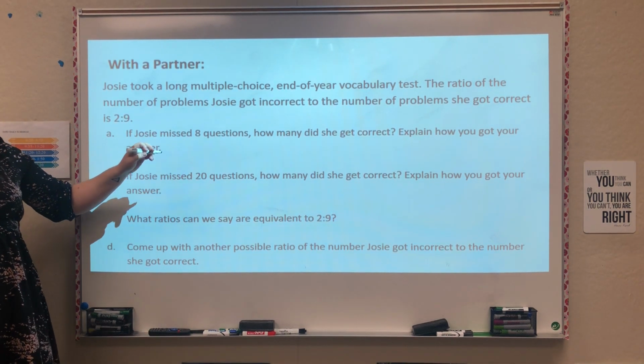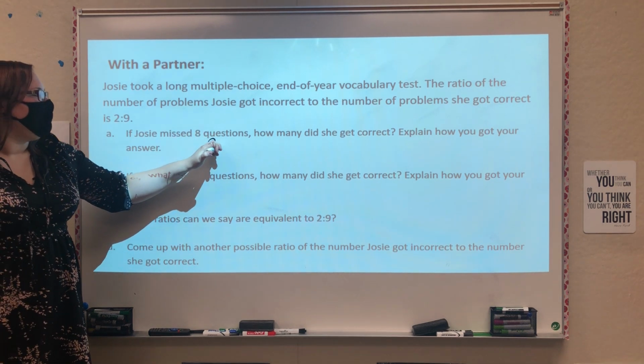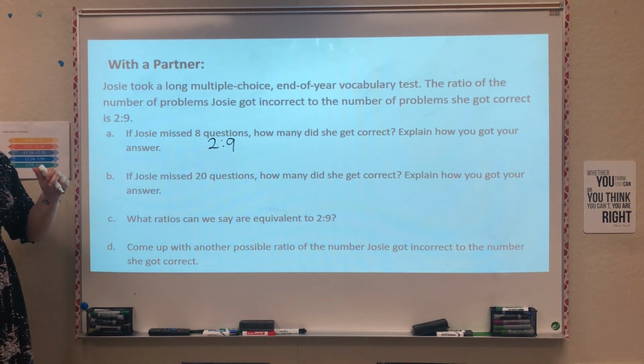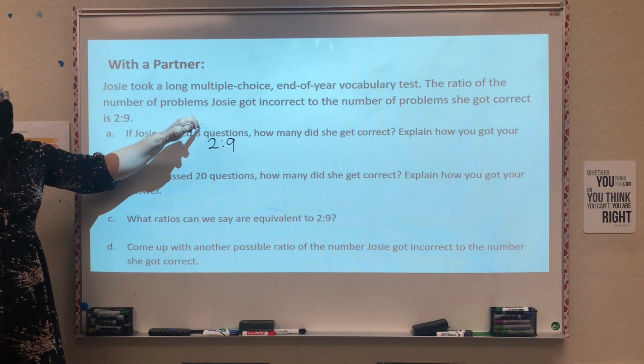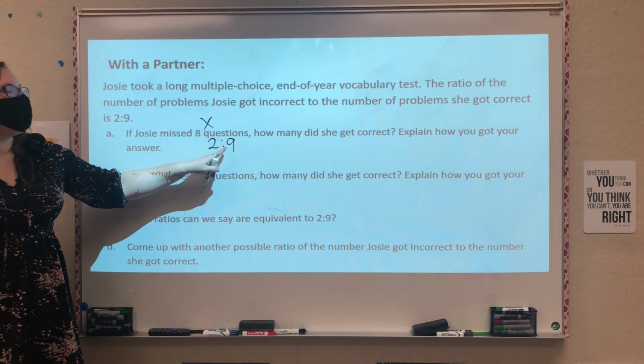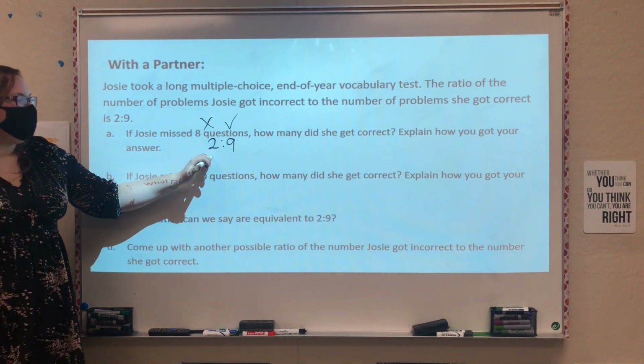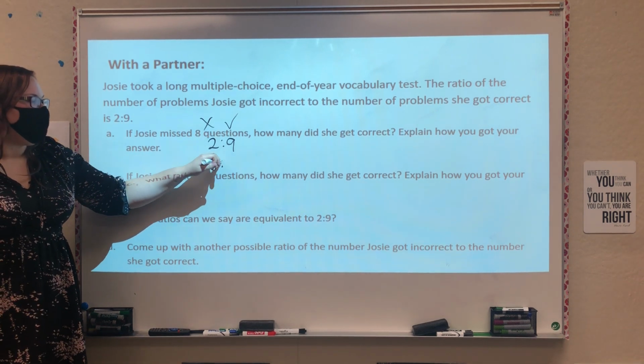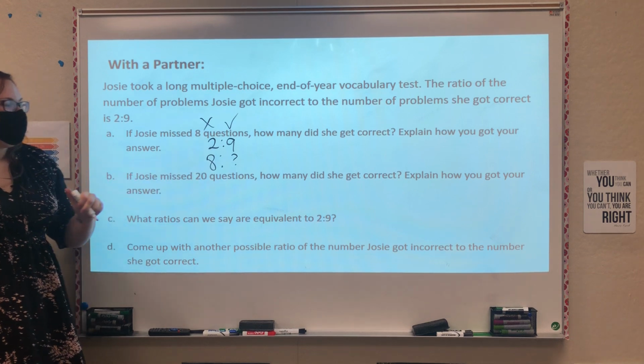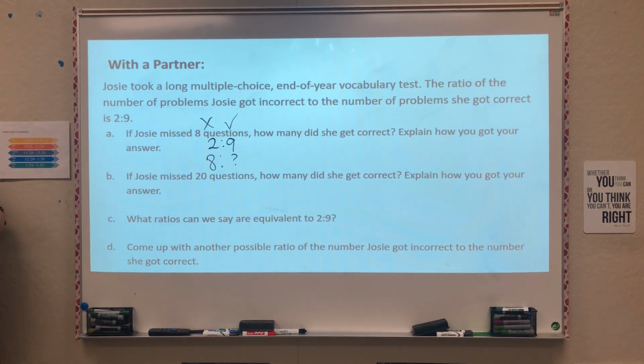I like how you're saying that. I can see your paper. He's written what we said earlier, 2 to 9. For every 2 wrong, she's got 9 right. So you went ahead and filled in that she missed 8. I heard you say the missing number is how many she got correct. I like setting it up like this.